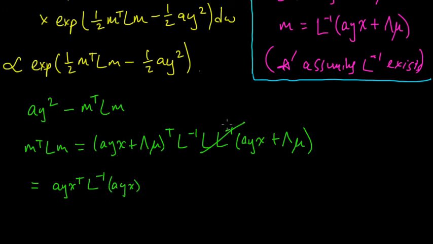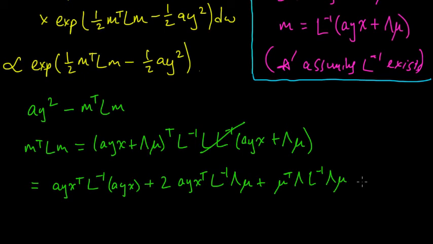Then this one times that one, so we get plus 2 AYX transpose L inverse lambda mu, plus mu transpose lambda transpose equals lambda times L inverse lambda mu. Okay.